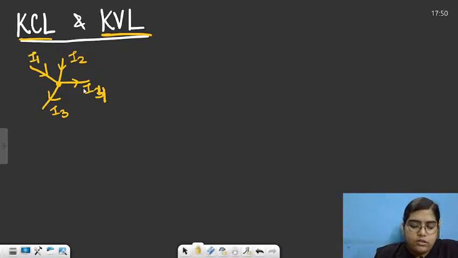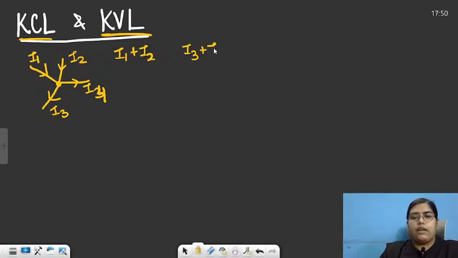Then the junction rule states that the total input current should be equal to the total output current. Input current, the current which is coming inside the junction, is I1 plus I2. The total current going out of the junction is I3 plus I4. KCL states that in a junction, the total input current should be equal to the total output current. So I1 plus I2 should be equal to I3 plus I4.